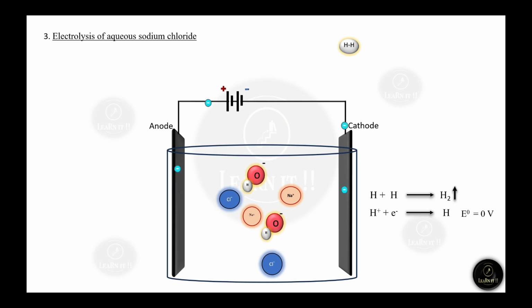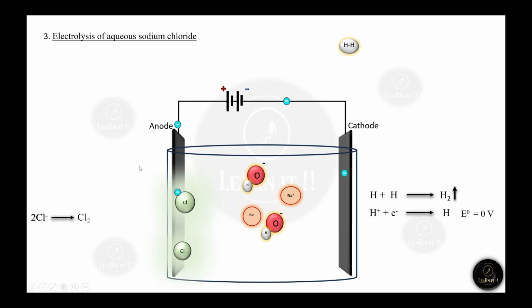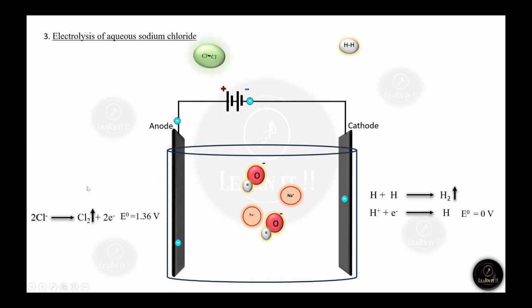With respect to anode, there are 2 possibilities. First one is conversion of chloride ions into chlorine gas, whose E naught value, standard reduction potential value, is 1.36 volt. OH- doesn't get attracted towards the anode in this case, but water gets converted into oxygen and 4 H+ and 4 electrons.